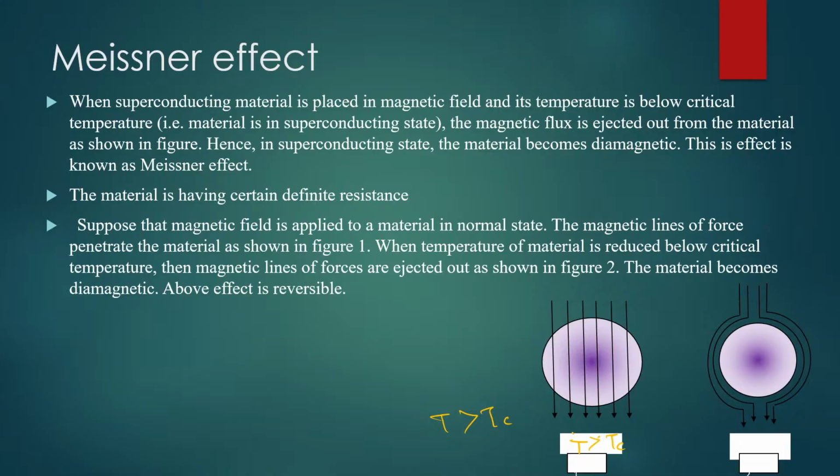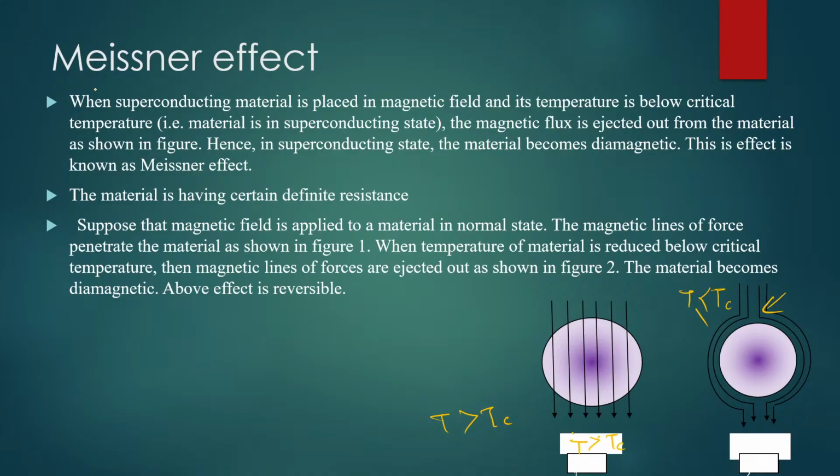Whenever the temperature is less than or equal to the critical temperature, the magnetic field, as you can see here, will be expelled by the material. That is the superconducting state, and the superconductor now acts as a diamagnetic material, expelling the magnetic field. That is the Meissner effect.